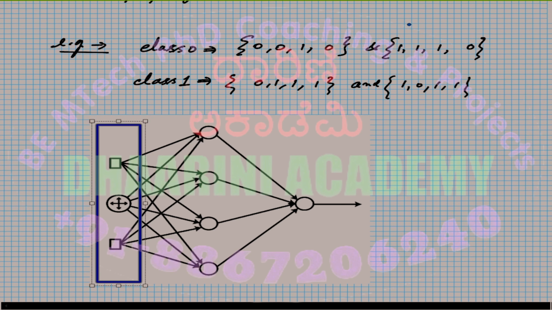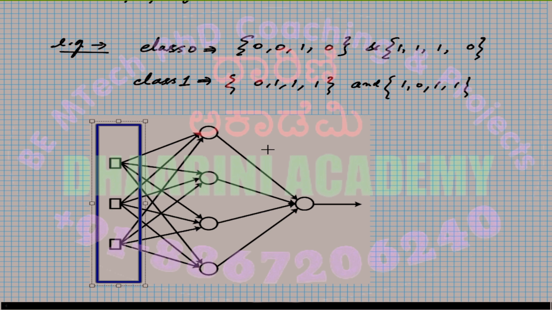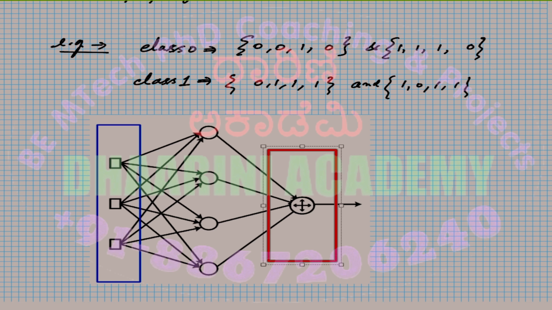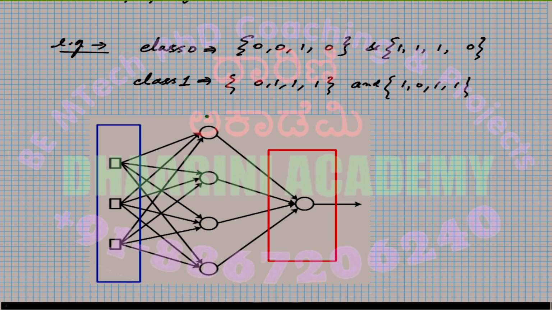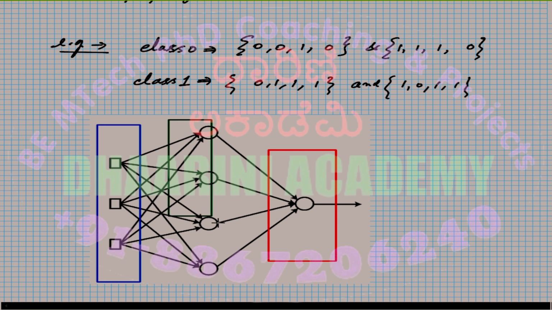This is the input, and you can see that there is only 1 output node, that is here, and there is 1 hidden layer, and the hidden layer has 4 nodes.